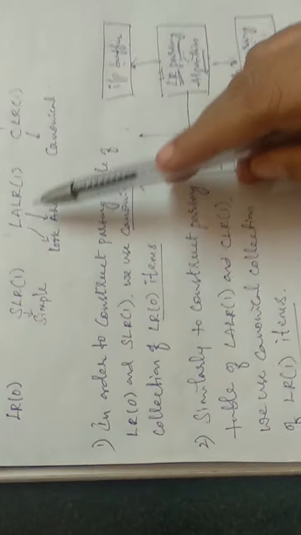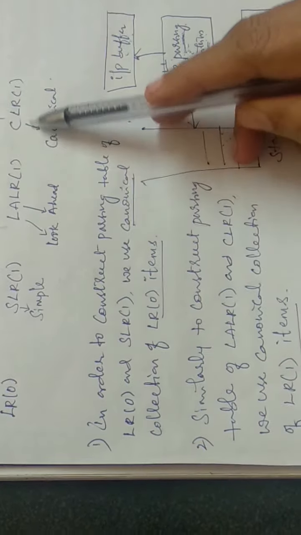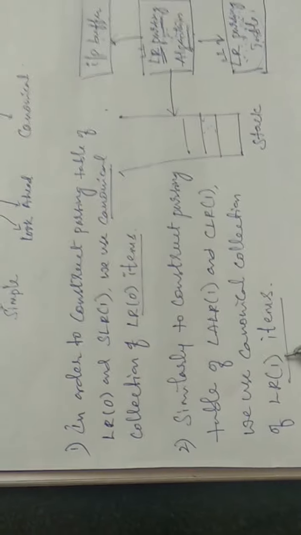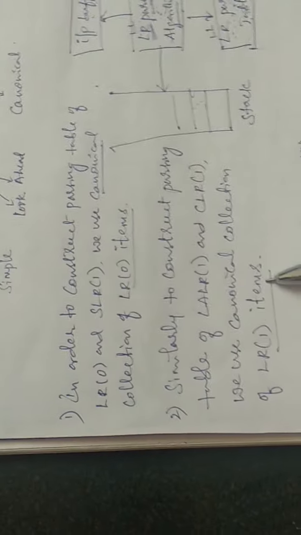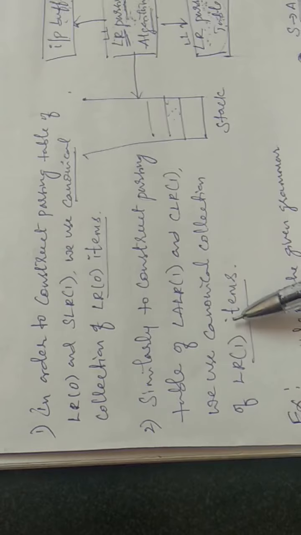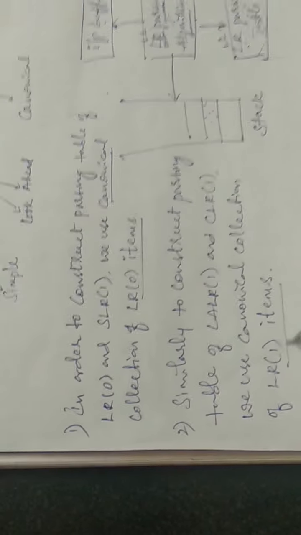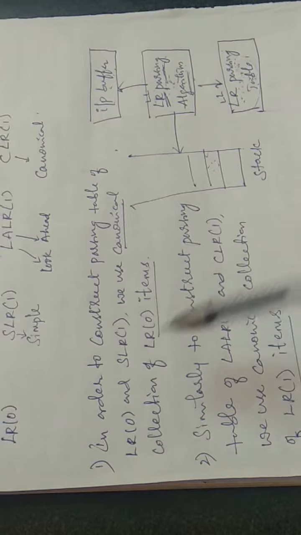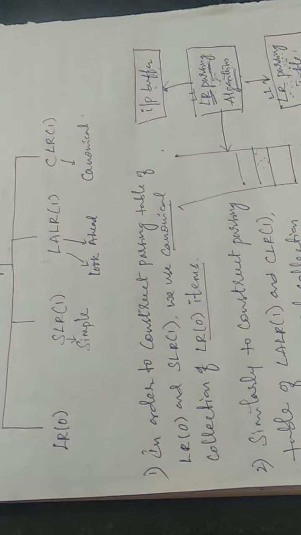Similarly, to construct a parsing table for LALR and CLR, it requires the canonical collection of LR1 items. For LR0 and SLR1, it requires LR0 items. For LALR and CLR1, it requires LR1 items. So now let us discuss what the canonical collection and items are.